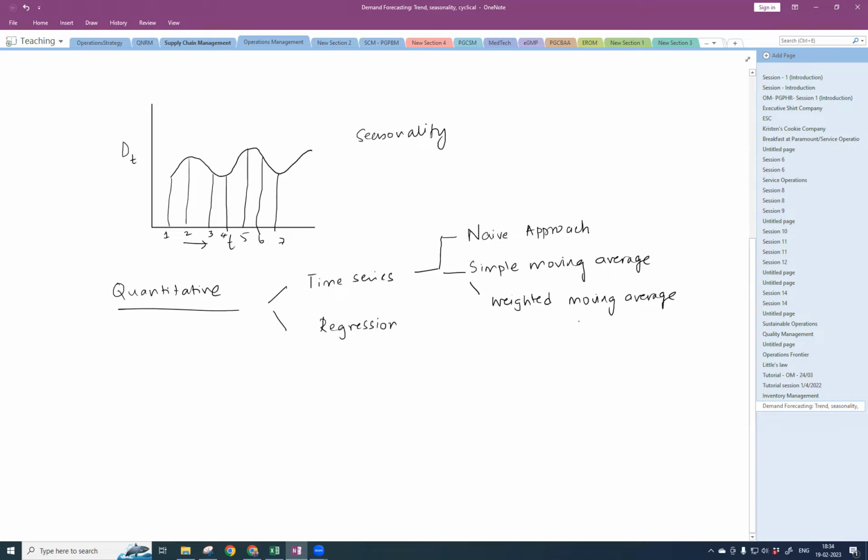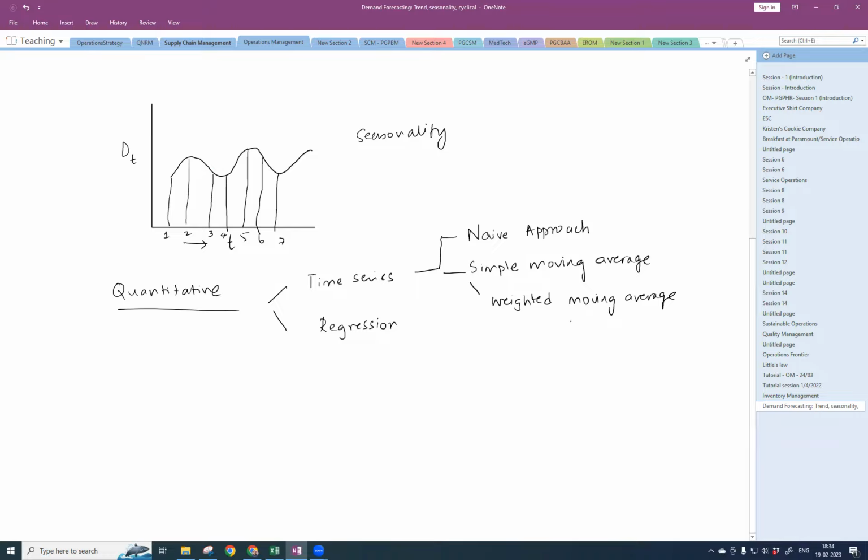It's a mere average or a mean of the previous few values. Now, how many previous values? As we have discussed, it is up to you to identify. Then under weighted moving average, the discretion of identifying how many previous values is again up to you. But here, you add weights to those values.